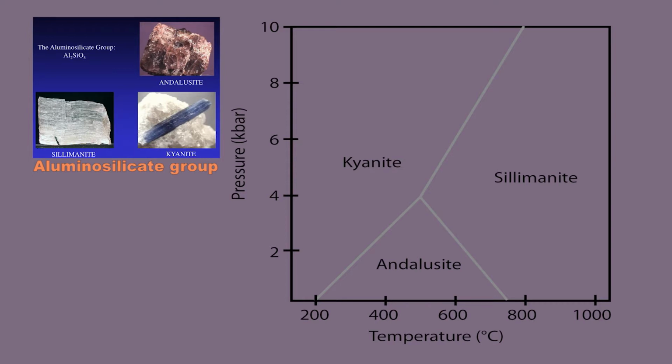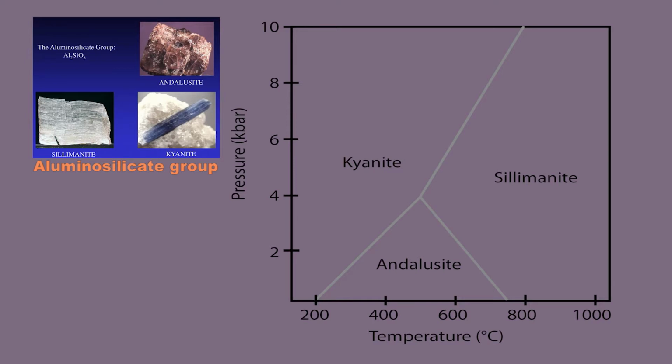Andalusite is formed at moderate temperature and low pressure, so that it is typical of thermally metamorphosed argillaceous rocks and low pressure regional metamorphism.